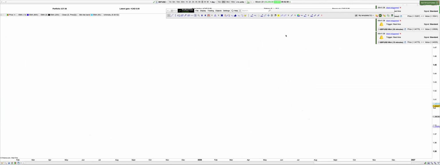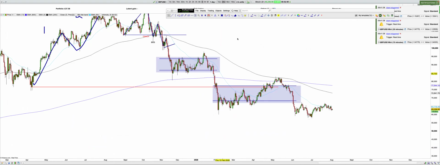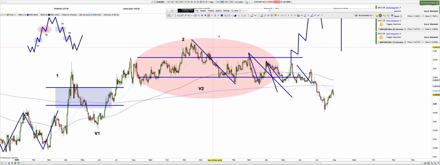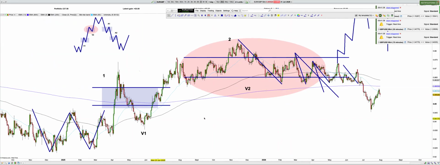Bitcoin, shall we? There's Bitcoin. One, two. Anticipating this to slip away lower again. Euro GBP is an old favorite. This is an amazing looking setup. One, two. My issue is we've come all the way back down to here. So this is still one, this is still two. It's still high, high, high, low, high, high, high, low.